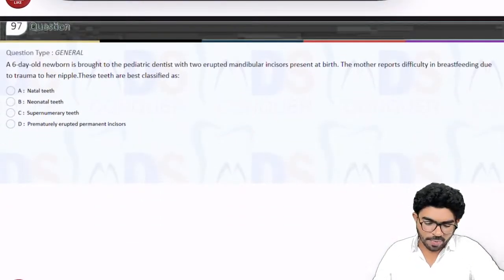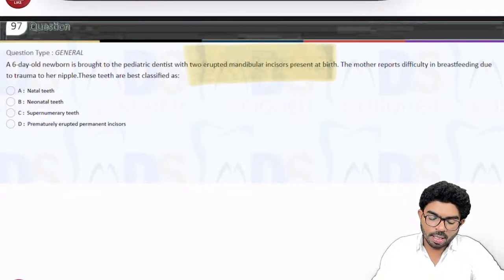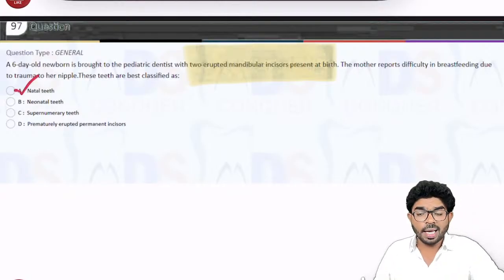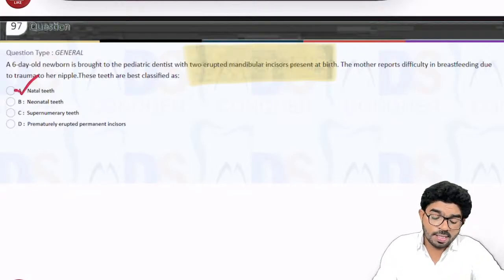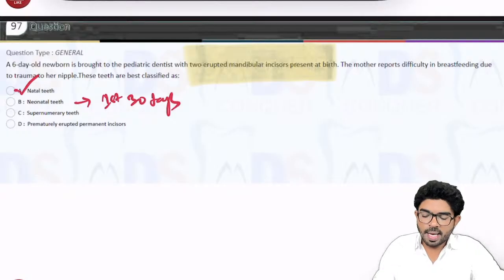Easy question 97. You get a newborn to the pediatric dentist with two erupted mandibular incisors at birth. The teeth were erupted at birth. Teeth which are erupted at birth are called natal teeth. Teeth which erupt in the first 30 days are called neonatal teeth. It is clearly mentioned at birth.